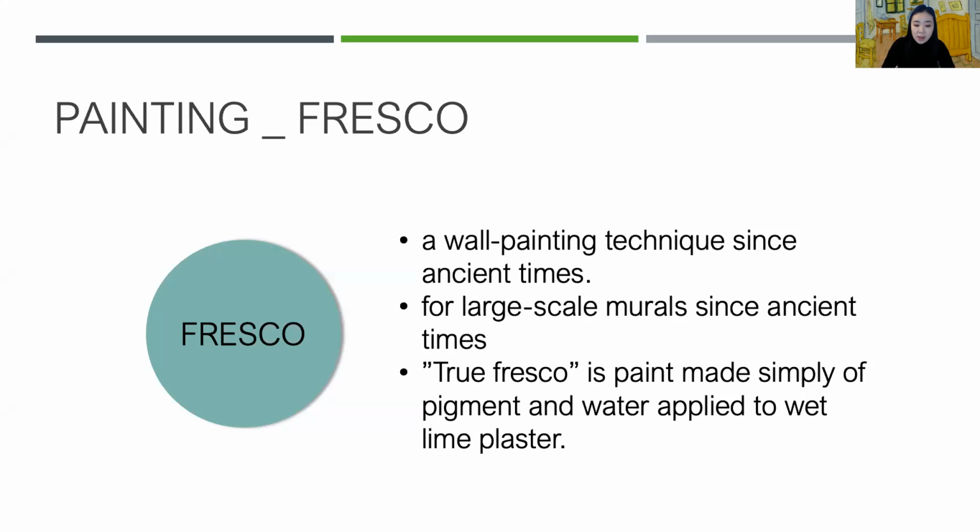That's why we can see 500 or 600 year old fresco paintings today, and they are almost the same as the original. So that is the very important point for the fresco.